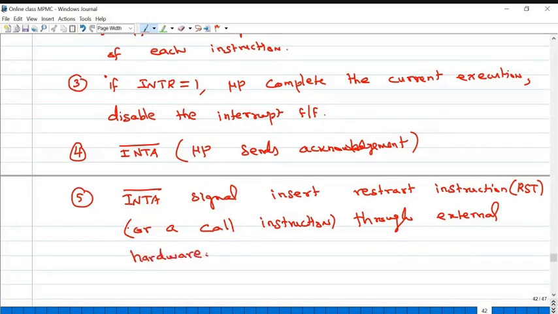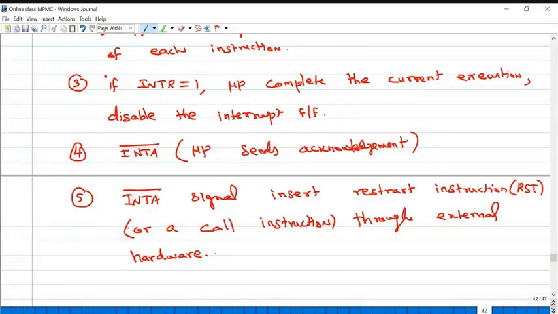Okay, so whichever IO device sends the interrupt request, that is the INTR signal, to the microprocessor, once the microprocessor identifies the INTR signal is high, it disables that interrupt flip flop internally. Then the microprocessor sends the INTA acknowledgement signal, and the INTA signal inserts the restart instruction or a call instruction through the external hardware.